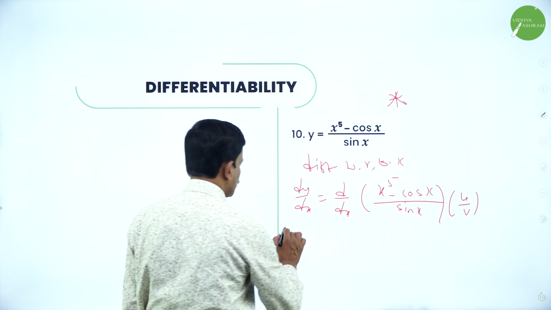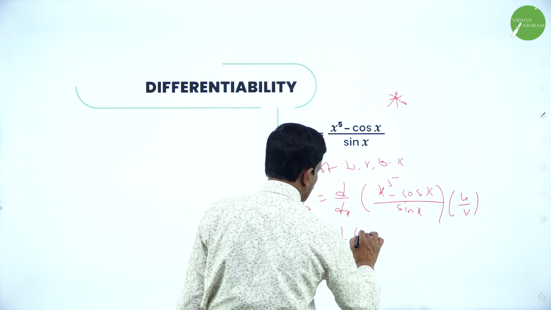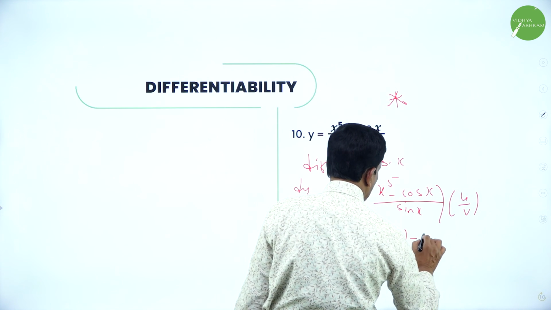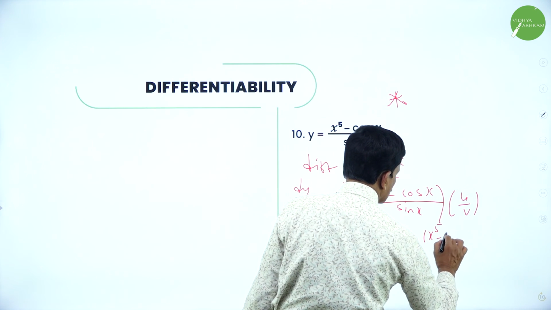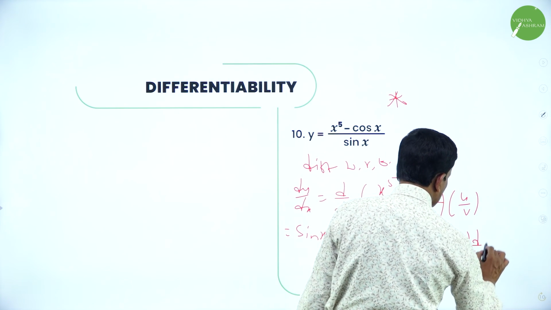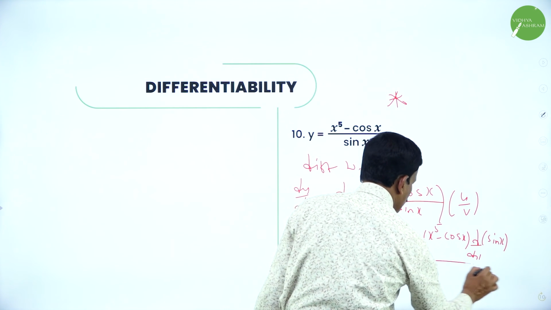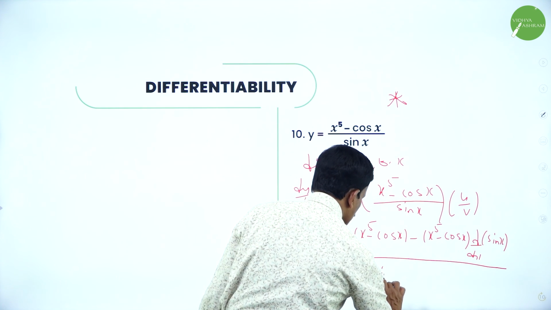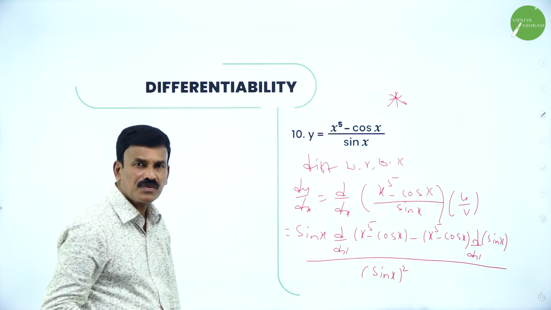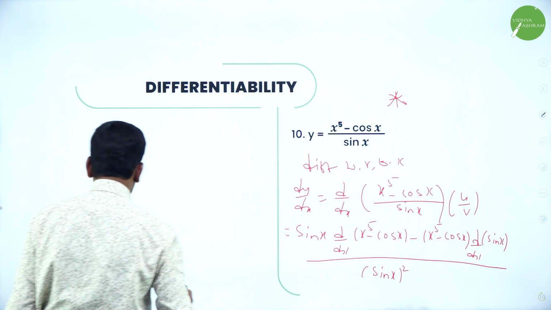So, denominator sin x into d by dx of numerator x raised to 5 minus cos x, minus numerator x raised to 5 minus cos x into d by dx of denominator sin x, divided by denominator square, sin x whole square. Denominator into differentiation of numerator minus numerator into differentiation of denominator, divided by denominator square.